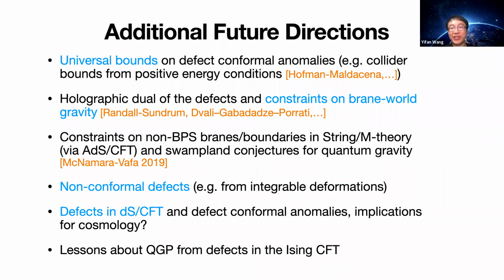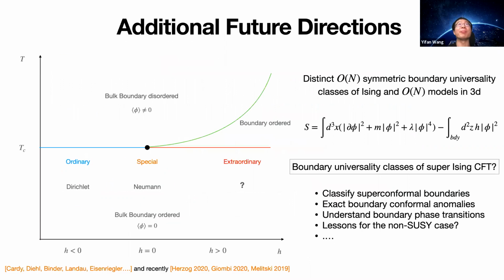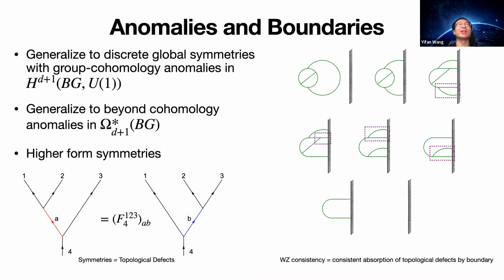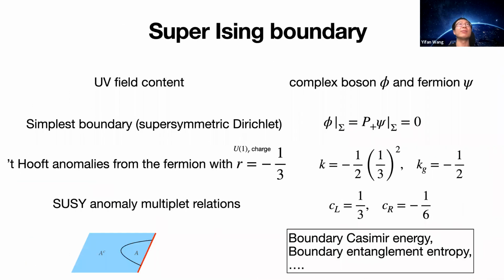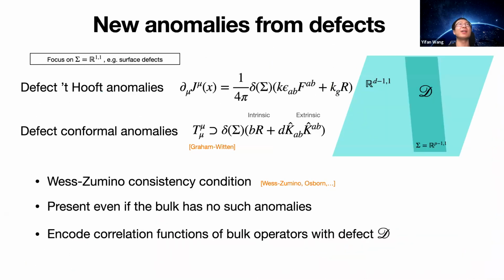Yes, a very good question. If I go back to this anomaly, for example, it actually appears in the 2-point function of the conserved current J in the presence of a defect.